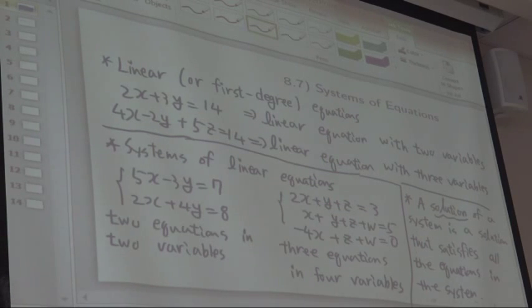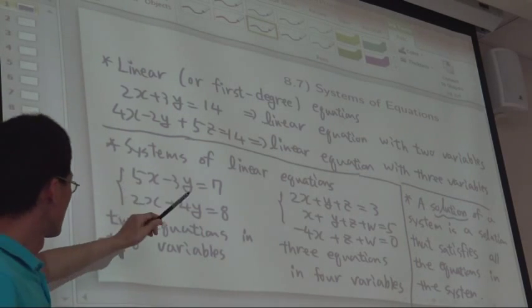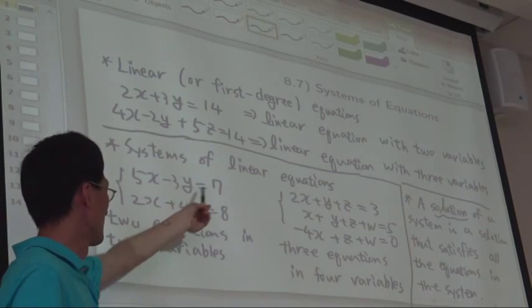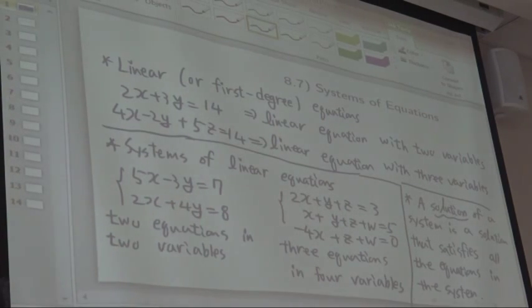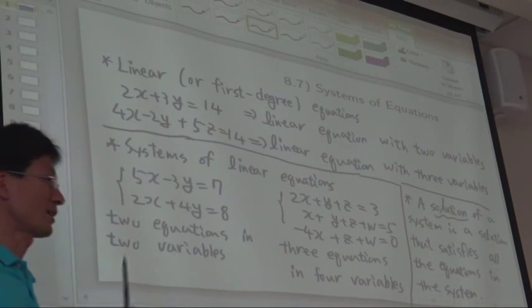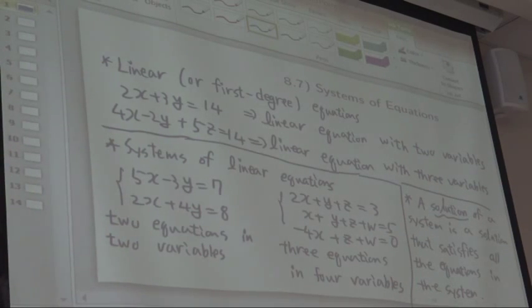A solution means that if we plug x and y into the first equation, it makes the first equation a true statement, and the same x and y plugged into the second equation also make it a true statement. That is the solution.